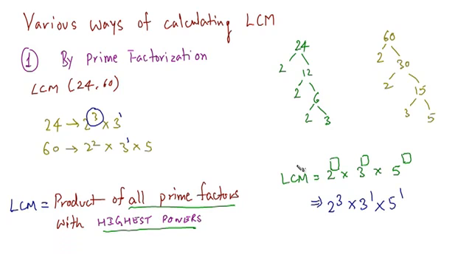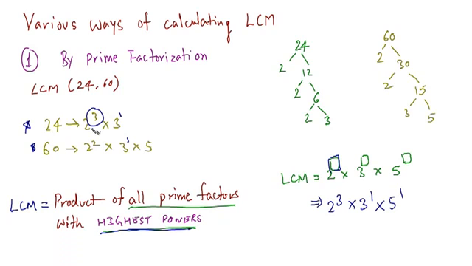So let's again revise this. The first step is to find out the prime factors. Once you find out the prime factors, you have to get the product of all prime factors. So you have written all of the prime factors 2, 3 and 5 here, and the highest powers of the factors come in these boxes.